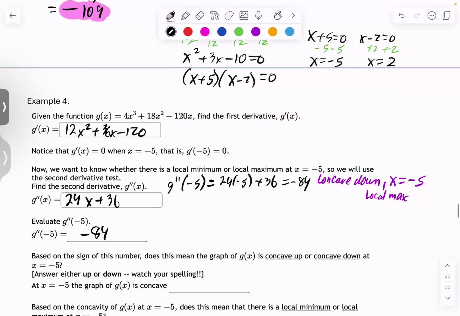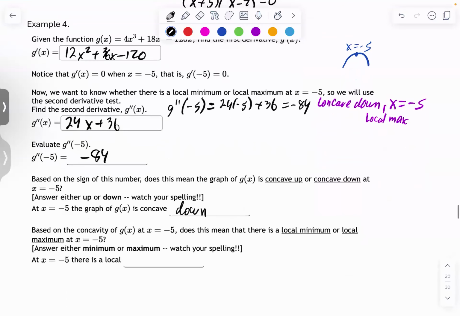And the point is it's negative, it's concave down, meaning if I were to graph this at -5, we are concave down, which means we have a local maximum. And to finish up, this means that it's concave down.